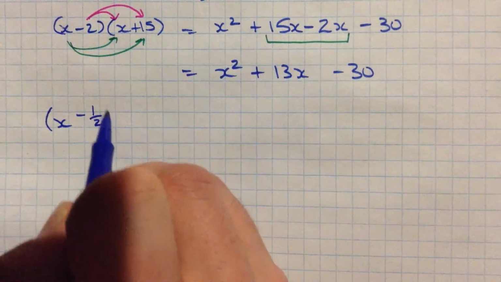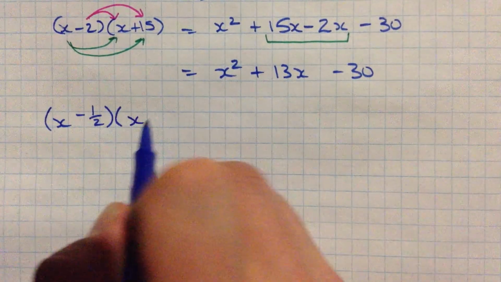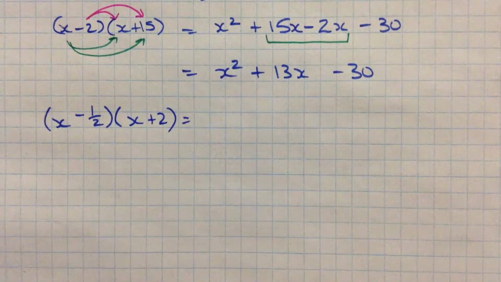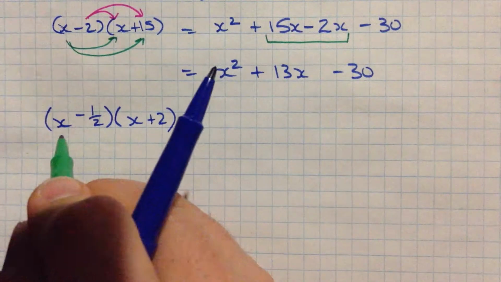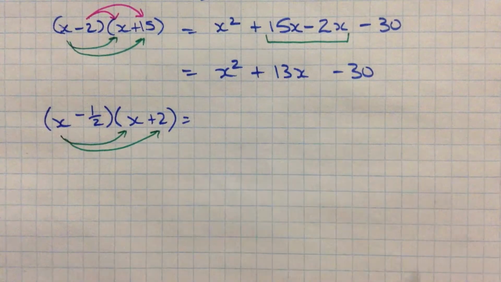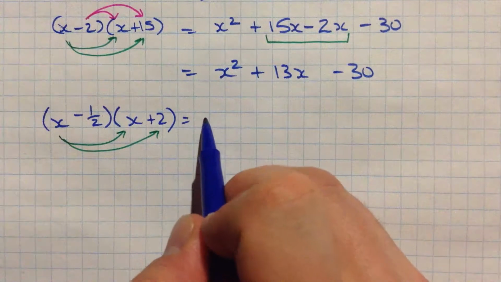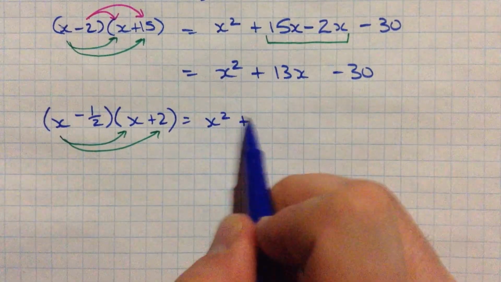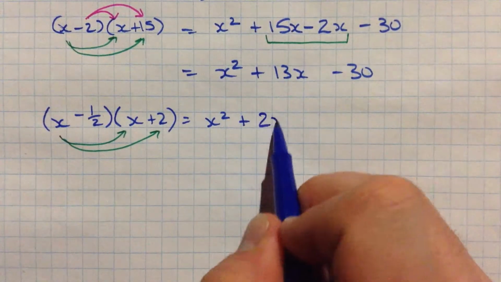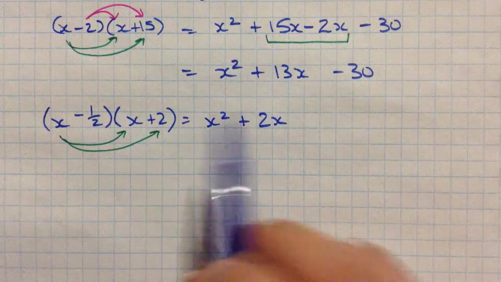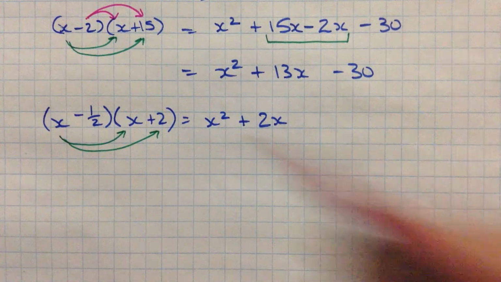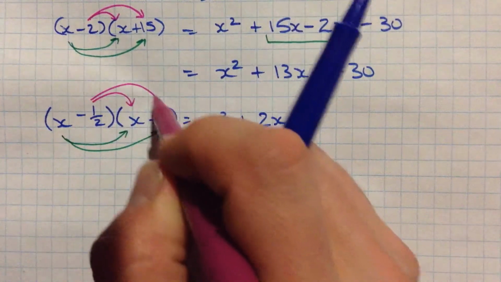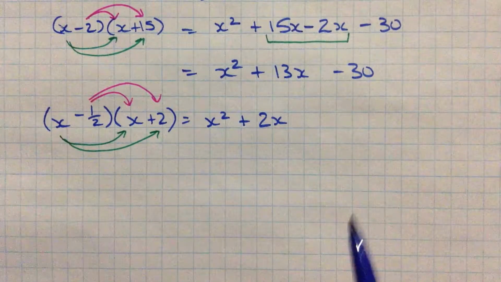X minus 1/2 times x plus 2. So once again, x times x and x times positive 2. X times x is x squared. X times 2 is 2x. And now, let's do this top part. Negative 1/2 times x and negative 1/2 times 2.